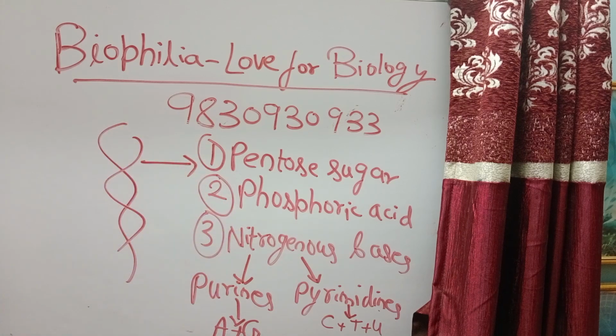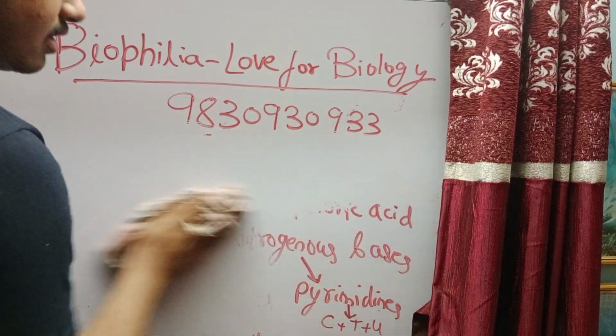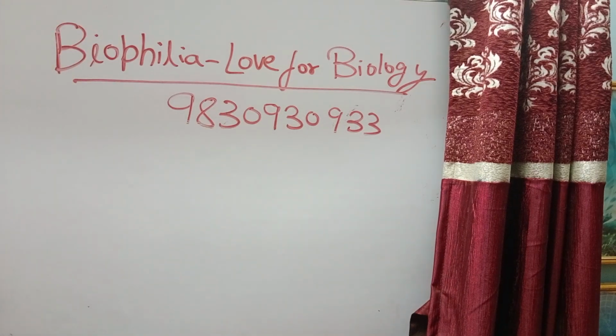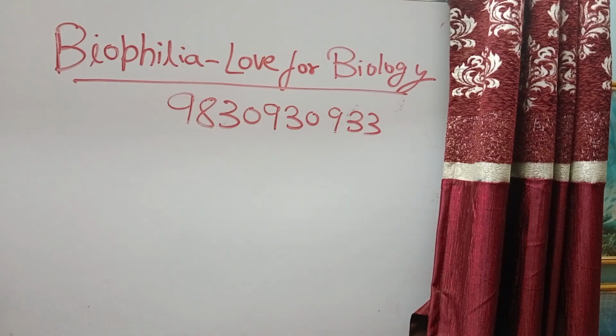Now we will study the Nobel Prize winning structure of Watson and Crick DNA. Watson and Crick proposed the DNA model in 1953 and got the Nobel Prize for this topic.